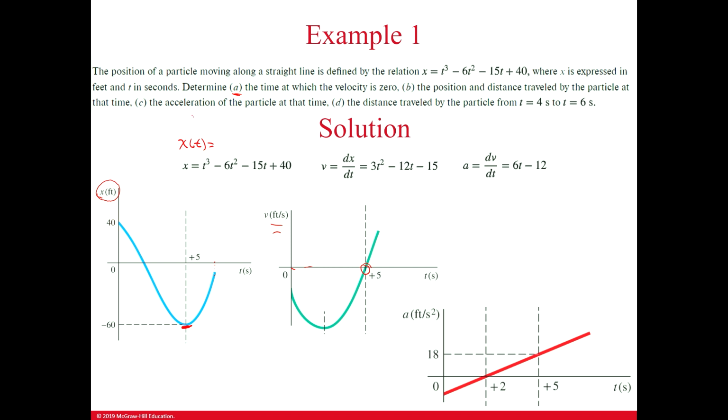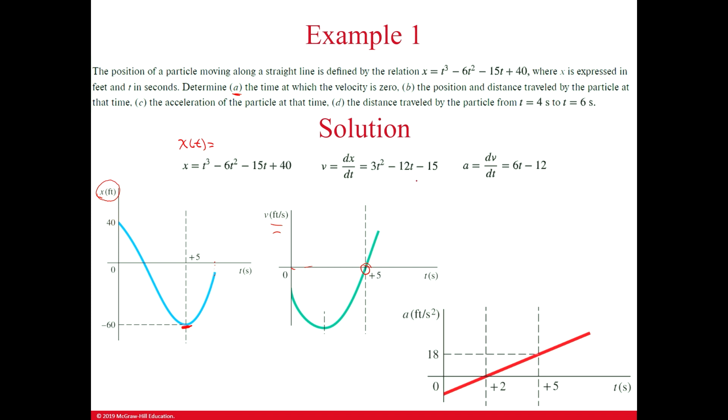Okay, now the acceleration of the particle at that time, so you have to derive the velocity function one more time, and this derivative is 6t minus 12. Please go ahead and communicate with me if you're not familiar with derivatives. At this point, I'm assuming that you know how to do derivatives. Communicate with me via email if you have any issues with deriving functions.